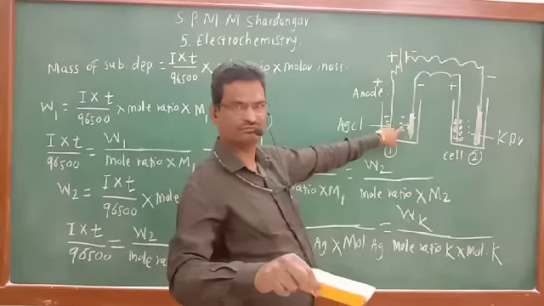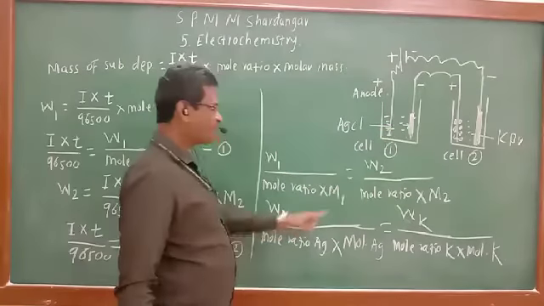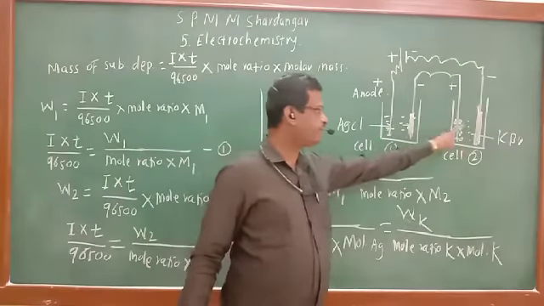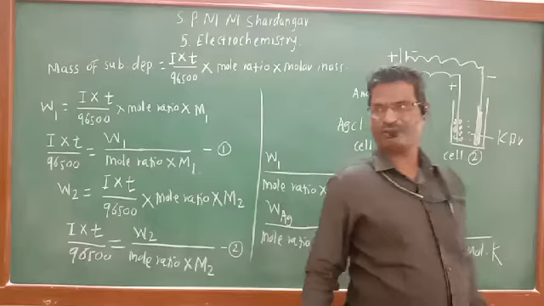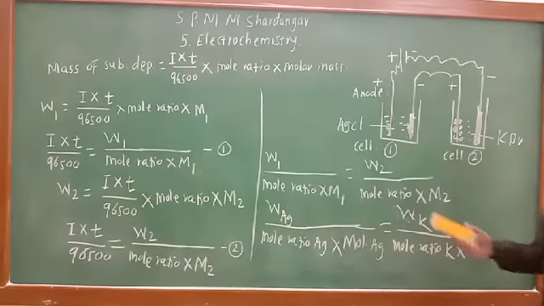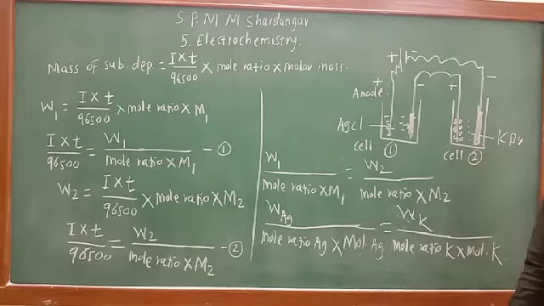Or if we know the mass of silver, we can calculate the mass of potassium in this manner. So this is the second type of quantitative aspect, whenever two electrolyte solutions are electrolyzed. See it once again.